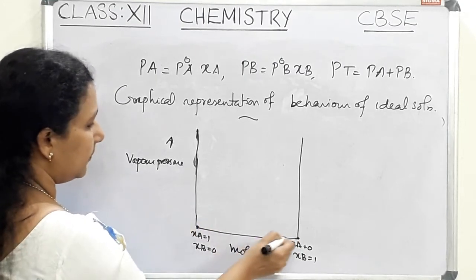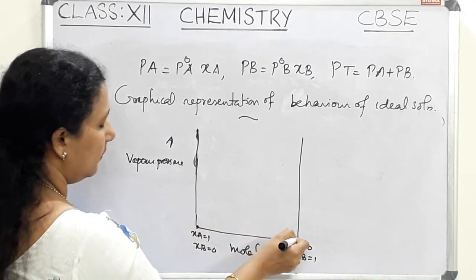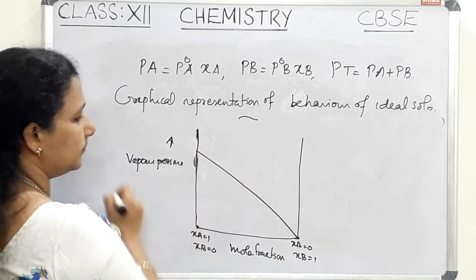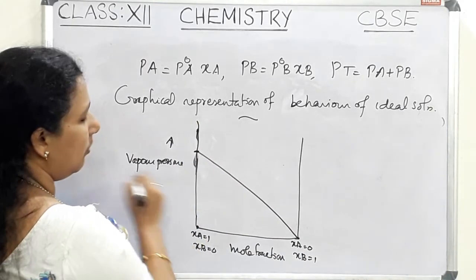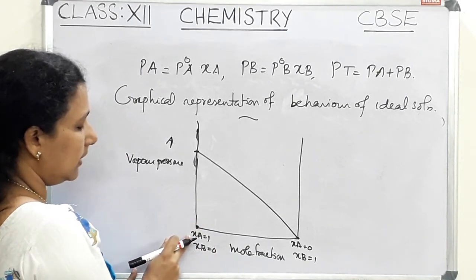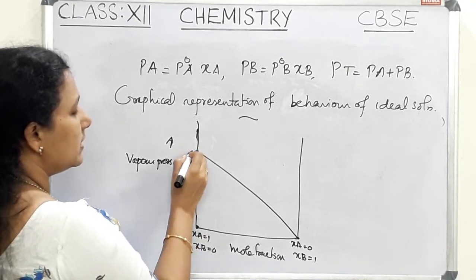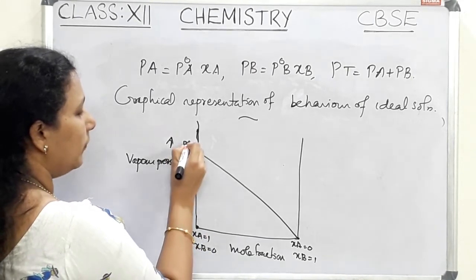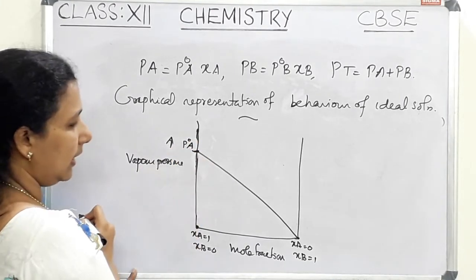So if XA increases from 0 to 1, we will get a straight line, and this is the pressure when XA is equal to 1. That means mole fraction of component A is equal to 1. So this is actually the vapor pressure of pure component A. That means P0A is this.